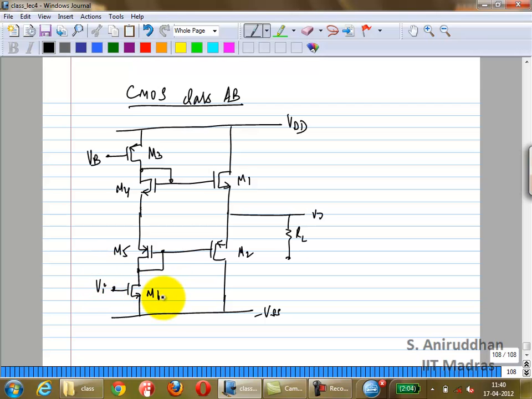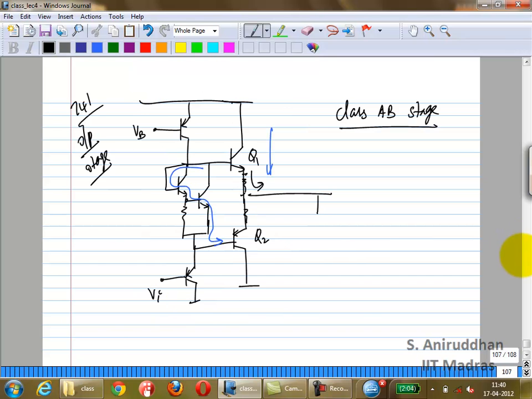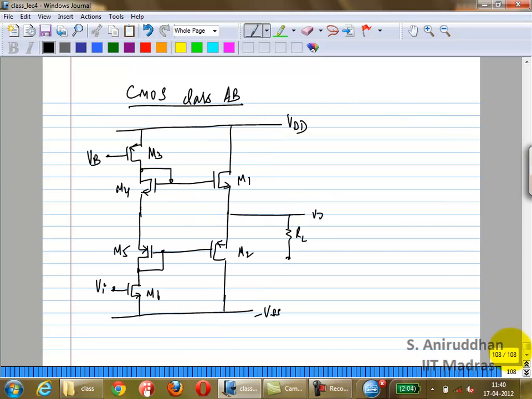Okay, so this is what the CMOS class AB stage looks like. Very similar. You have two diodes in between the two sides, or something which looks like two diodes. And you have a current source at the top, and of course you have a driver stage. So M6 is what forms the driver stage, just like in the case of the 741. So similar to that, we have M6.